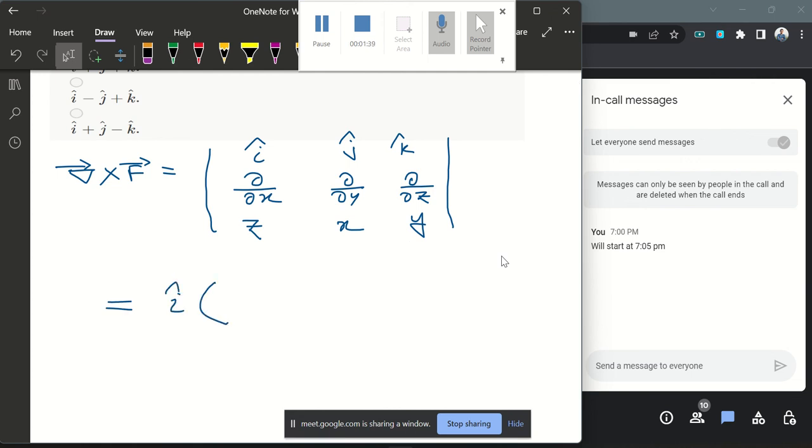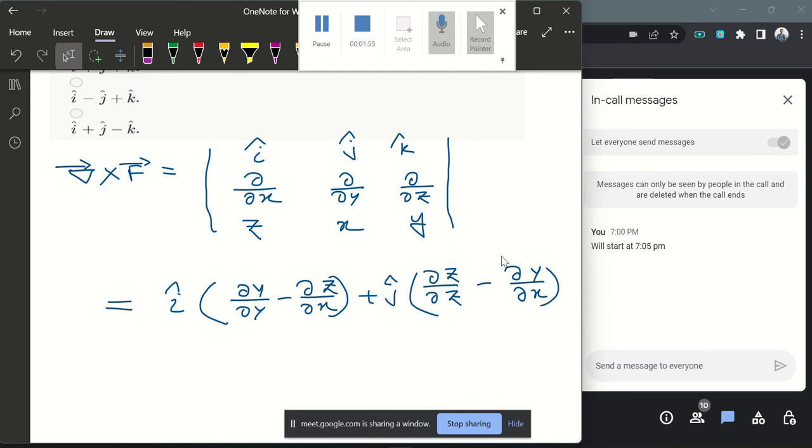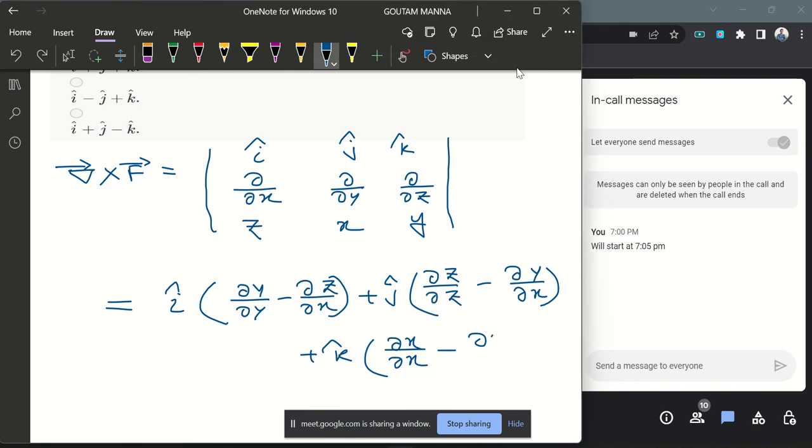Calculated, it will be i hat times (del y minus del z del x) plus j hat times (del z minus del y del x) plus k hat times (del x minus del z del y).